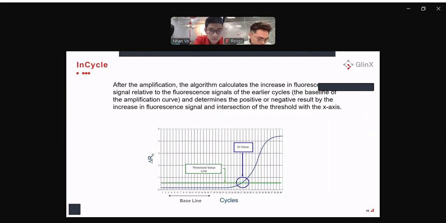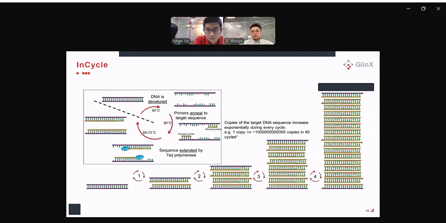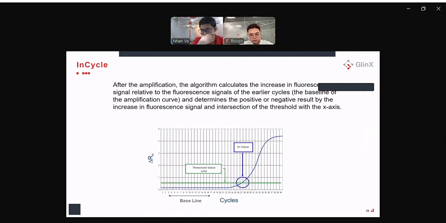After we go through 40 cycles, the amplification comes to an end, and we detect the fluorescent signal by the optical module.